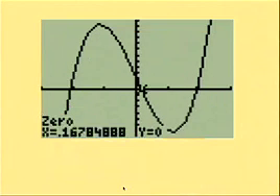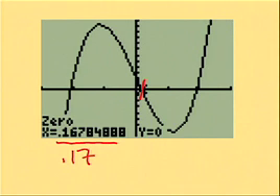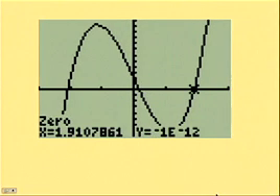And on the grapher, it tells us that it's occurring at 0.16784888, which means in terms of our use, rounding it off to 2 decimal places, we would have 0.17 for this particular intersection. Let's find the third and final intersection right here. And again, using the graphing calculator zero function, we see that it's equal to 1.910786. Our answer then is going to be 1.91. So we have found these, or I should say the grapher has found those.